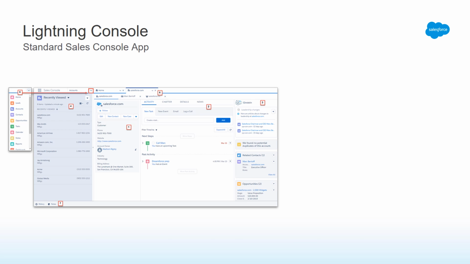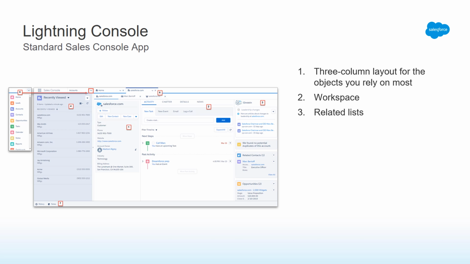Split View shows a list view at the same time as your workspace tabs and subtabs, letting you work quickly through a list of records. Other go-to objects and features for the standard Sales Console app, including campaigns, tasks, reports, and more, are easily accessible. And Sales Console apps include a pre-configured utility bar with history and notes. Again, enhanced notes needs to be enabled.